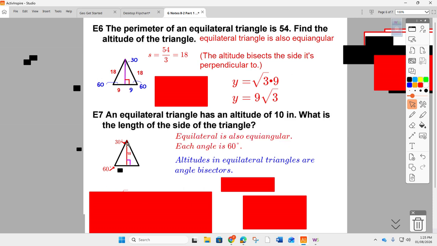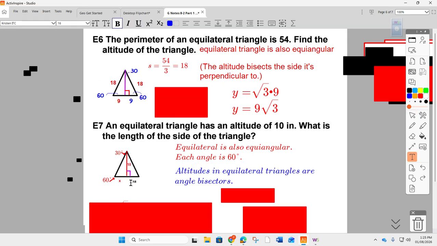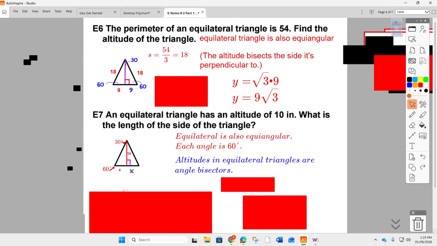The question asks us, what is the side length? Well, we don't know what the side length is, but we know that this short leg is half the length of the side. Does that make sense to you?